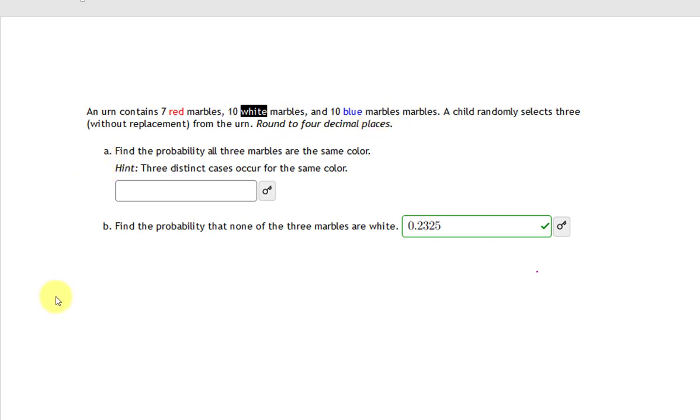Now part A is asking to find the probability all the 3 marbles are of the same color. So you want the probability of getting all 3 marbles with the same color. So how do I find this probability?